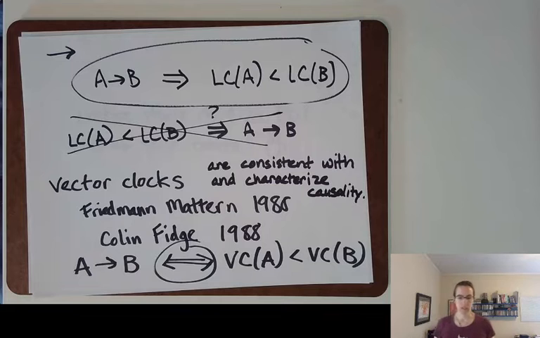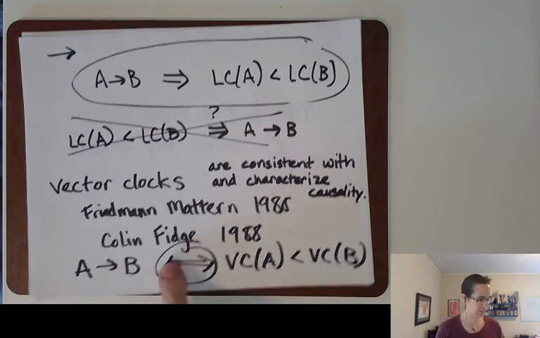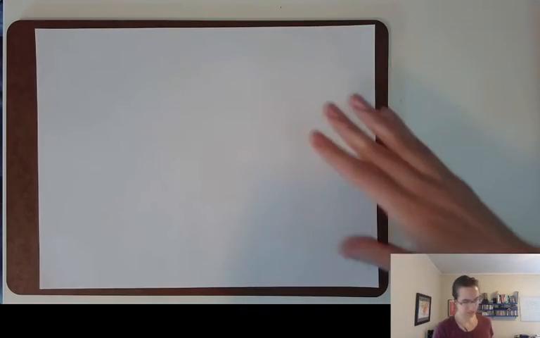Okay, so what are these vector clock things? What is the definition of a vector clock? Well, remember, a Lamport clock is just an integer that gets assigned to an event. So if that's what a Lamport clock is, what do you suppose a vector clock is? Magnitude and direction.